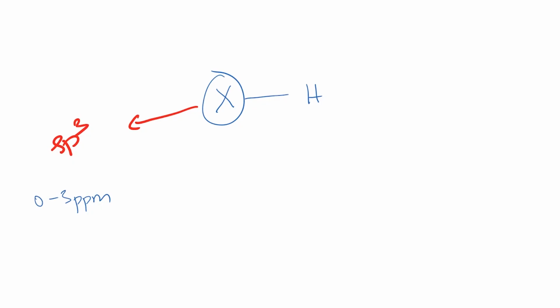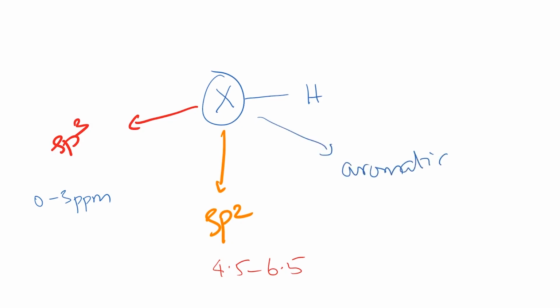Okay. Now, if the X is sp2 hybridized, such as an olefin, I am talking about a carbon-carbon bond, it is going to be around 4.5 to 6.5. Okay. And now, if it is aromatic, that is, it is attached to a benzene ring, then it shows up between 6.5 and 8.5.